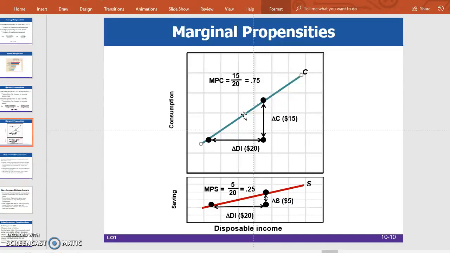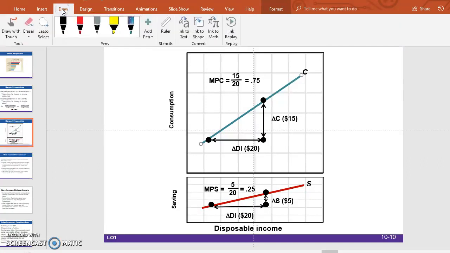On the other hand, if he consumes less, this line will shift below, right? Because then he's consuming less for every level of income. So let me see if I can show you that.